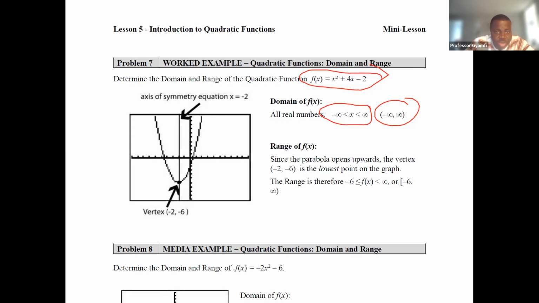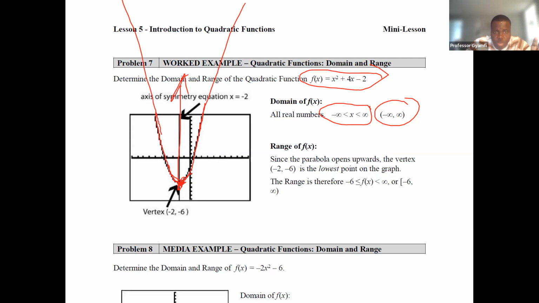But what can we say about the range? The range is the set of possible y values. Now look at the graph. So you would notice that the range is from here and then it keeps going, right? Because as this goes up, the y also goes up. But the y has a starting point, kind of. That is at where the vertex is, right?